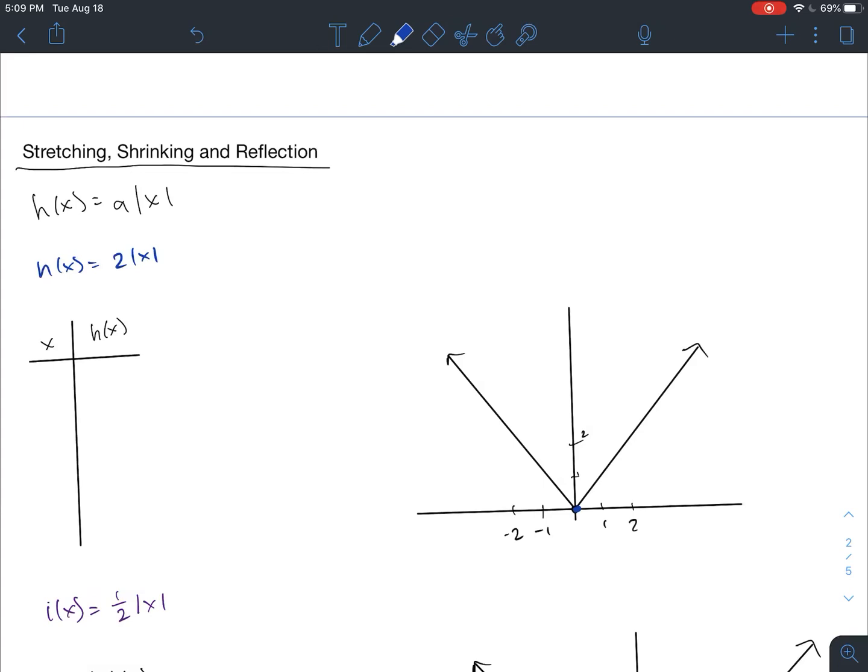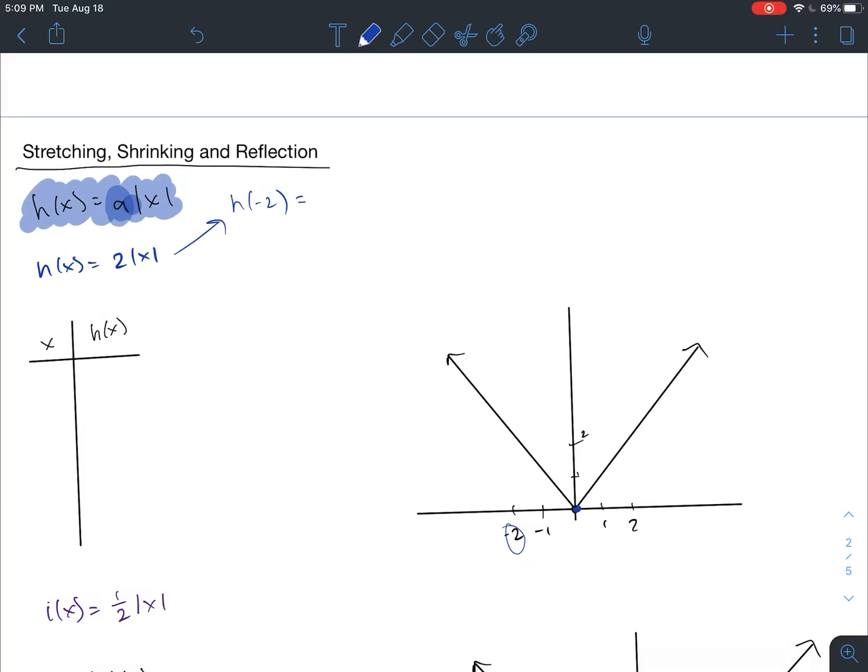Now right here, this is what a shrink or a stretch looks like. We now have an a that's being multiplied by our absolute value, and so that's what it looks like. So let's say, for instance, I plugged in negative 2. So h of negative 2, that's the function that we're looking at.